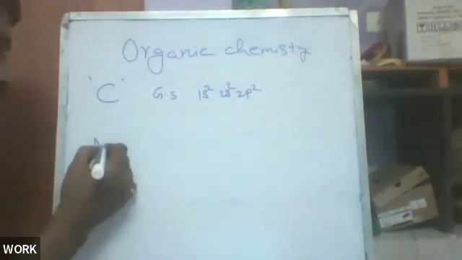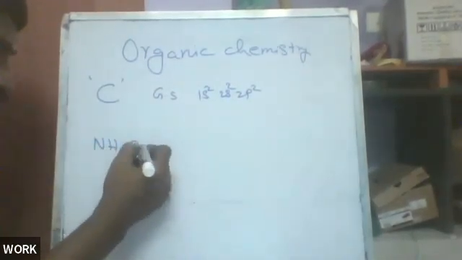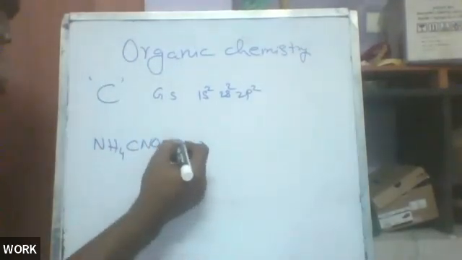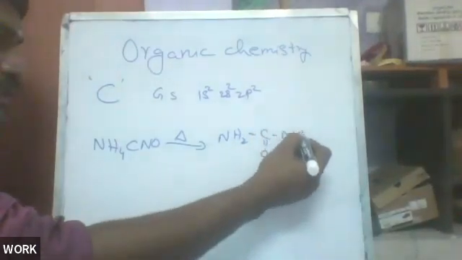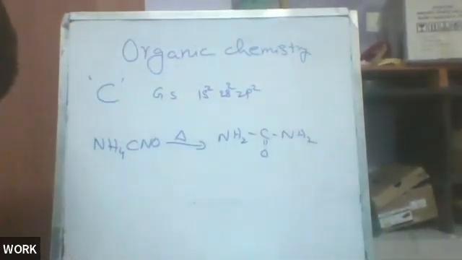He took ammonium cyanate, and when heated, you end up with urea, the first organic compound synthesized in the laboratory. The Swedish chemist proposed that a vital force was responsible for the formation of organic compounds. But Wöhler synthesized the organic compound urea from an inorganic compound.